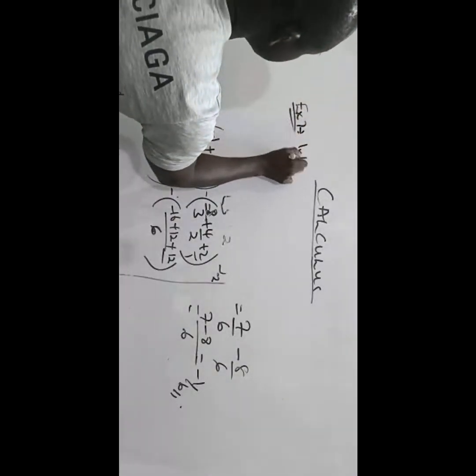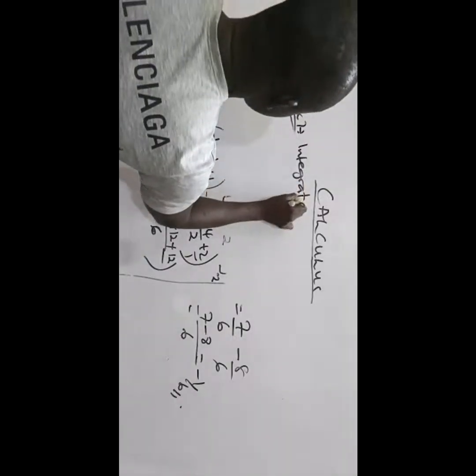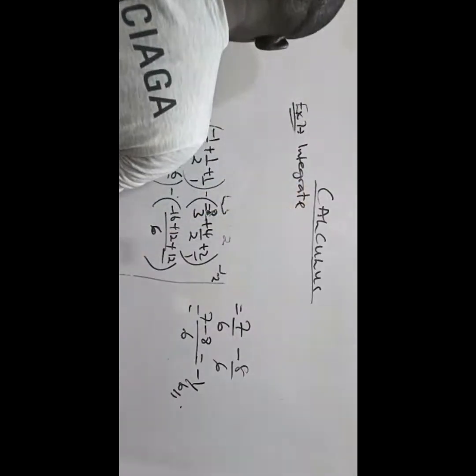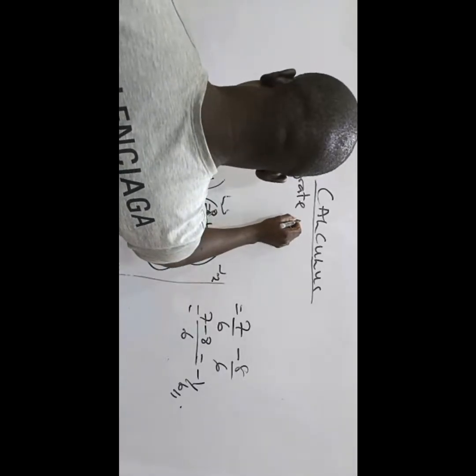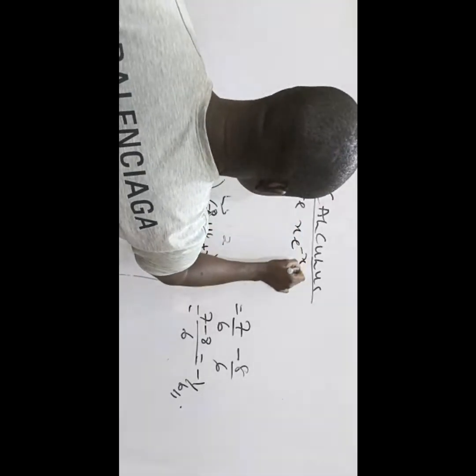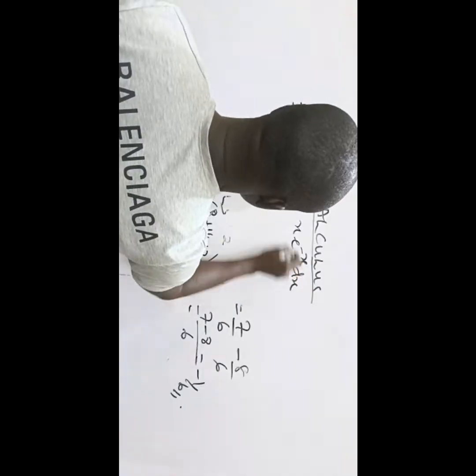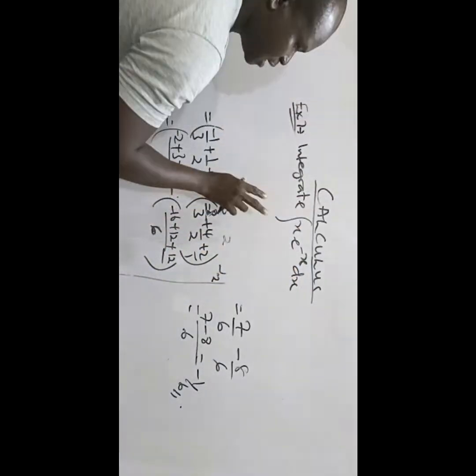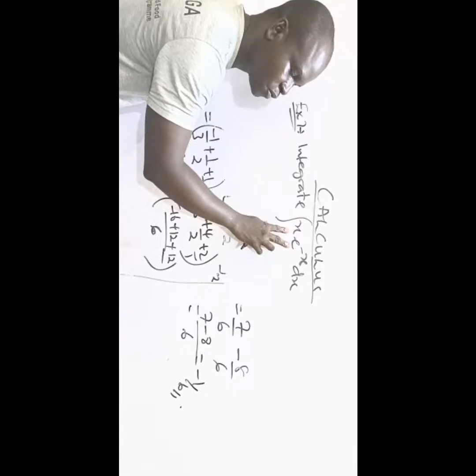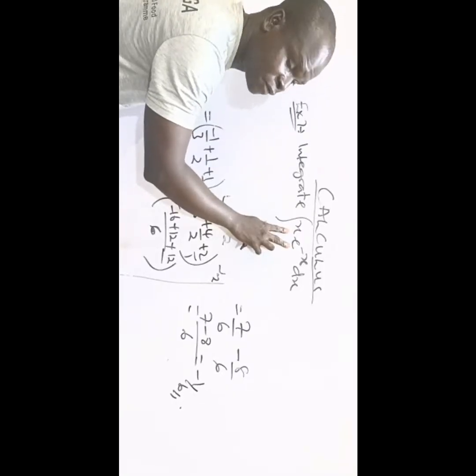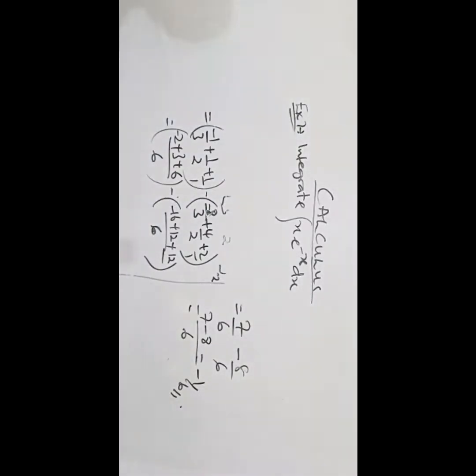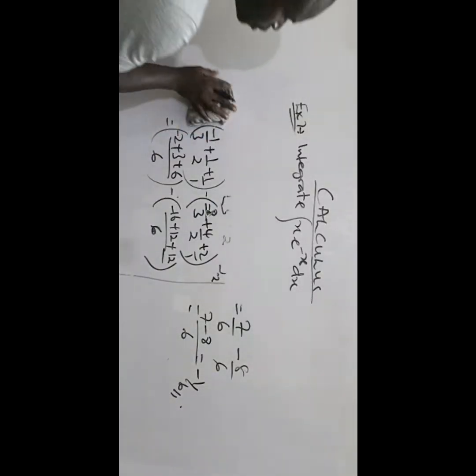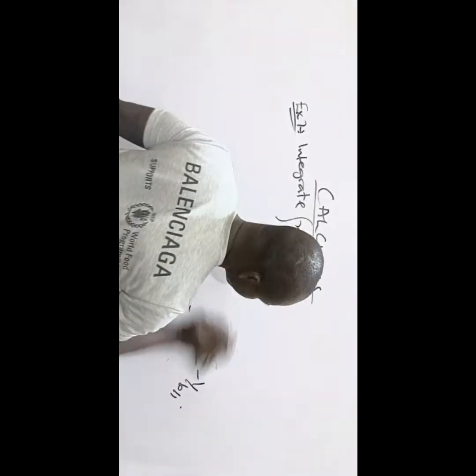Here we have integrate x e minus x dx. So when we have integral that consists of two different functions, this polynomial function x and this exponential function, most often time we use integration by parts, and that is one formula.